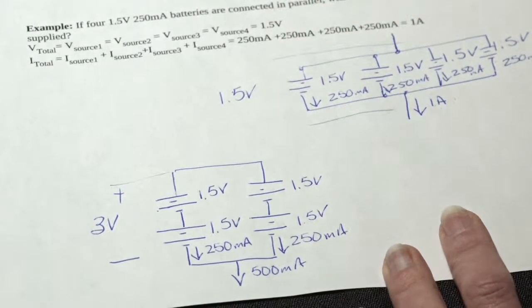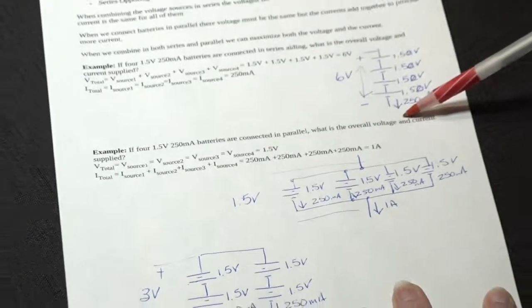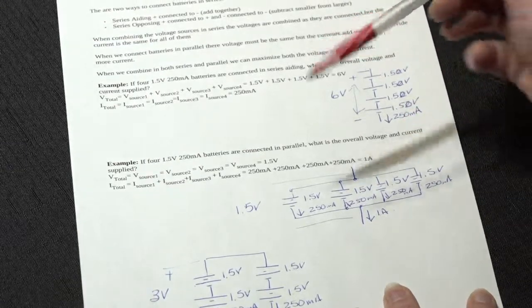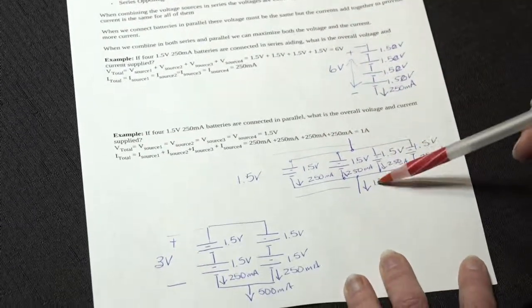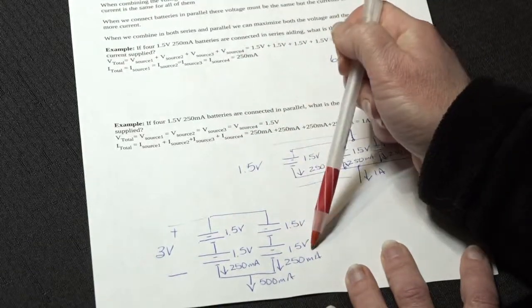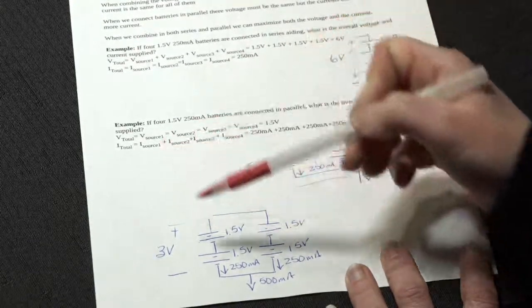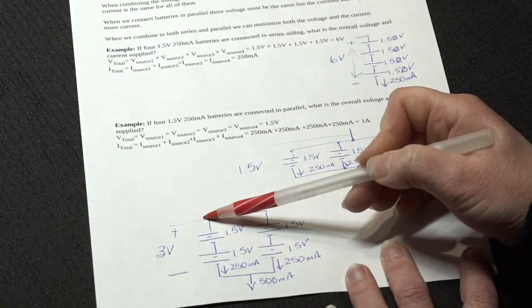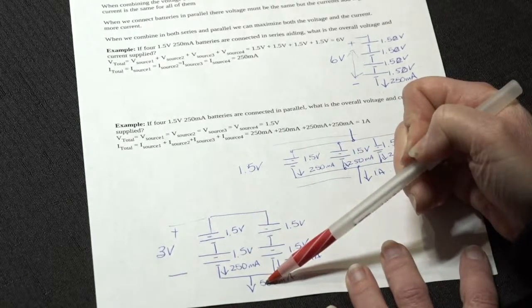So by connecting in series, we maximize voltage, parallel, maximize current, and if we do a series parallel combination, we can add both voltage and current.